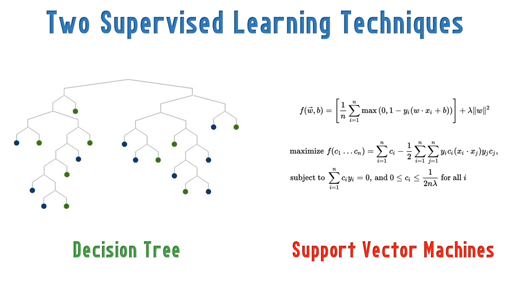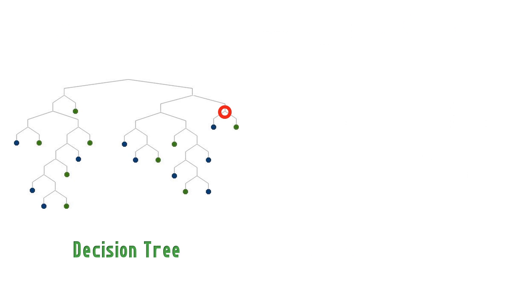In decision tree learning, we construct a tree from class-labeled training records. A decision tree is a flowchart-like structure where each internal node denotes a test on one attribute, each branch represents the outcome of the test, and each leaf holds a class label.